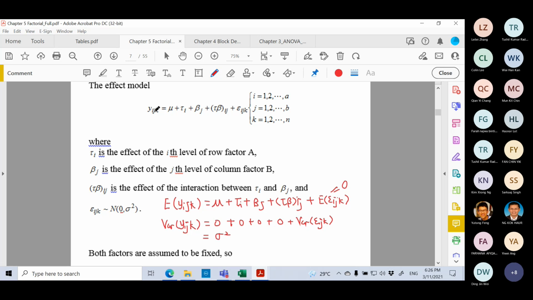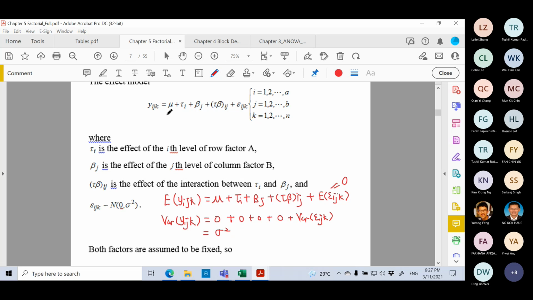So the mean for this model is given here, where the last component is 0, and the variance will be equal to sigma squared. Because of the linear combination, epsilon ijk follows the normal distribution, therefore yijk will also follow the normal distribution with the mean given by this one.